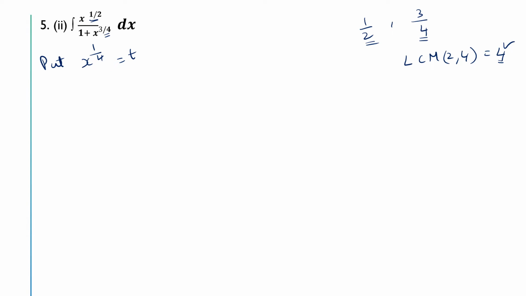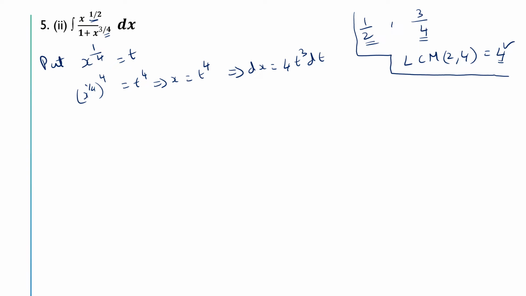Now if we raise both sides to the power 4, x raised to 1 by 4 the whole raised to 4 will be t raised to 4, or we get x is equal to t raised to 4. Now if we differentiate both sides, we get dx is equal to 4t cube dt. So this is the method that we have to follow when we have such function.